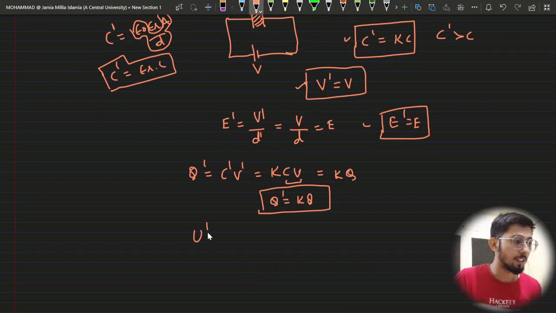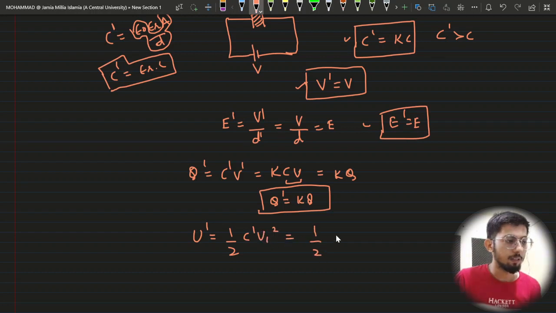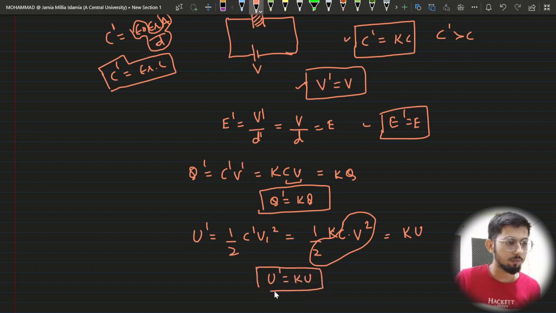The energy U dash is half C dash V dash square, which is half K C V square, and half C V square is the initial U, so it is K U. That means energy has also increased by K times. This is the first case.